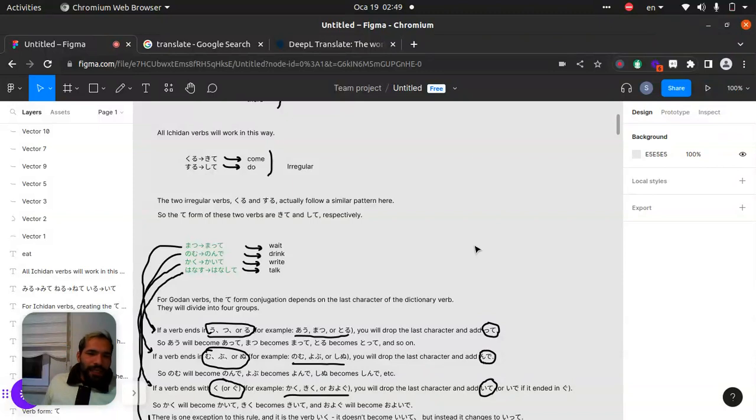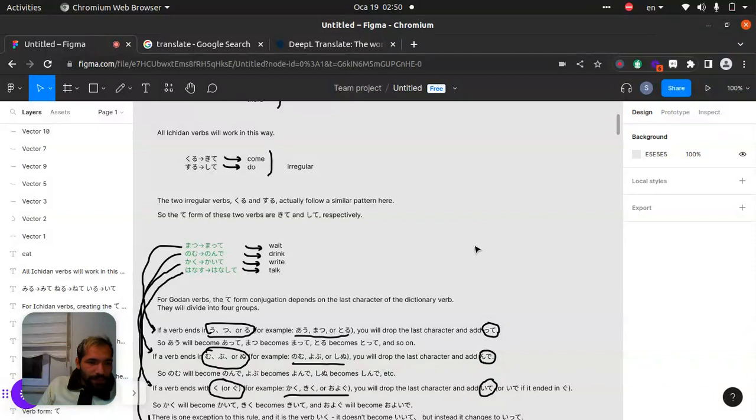Yeah, it means come. Kuru is irregular, but when you use it in the regular way, it will convert to kite. Kite means like come. Okay. And suru means, I don't remember. Maybe it is iki, I'm not sure, actually. They follow a similar pattern here.